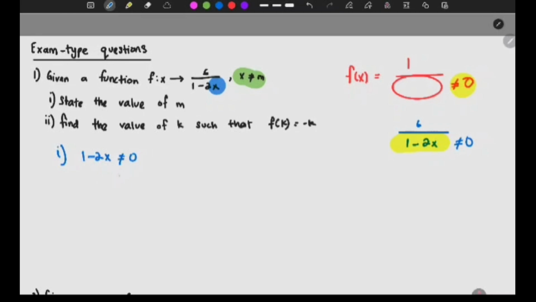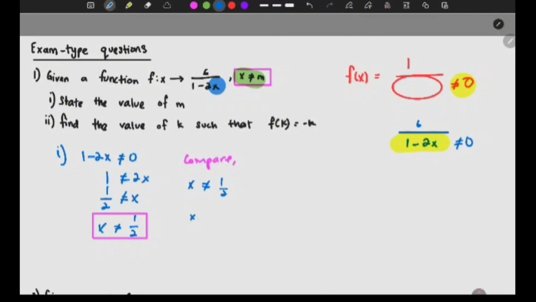And now you see the pattern that they give you. x is not equals to m, and what do you find? x is not equals to 1/2. Compare both of them. x is not equals to 1/2, and compare the question give you. So your x, same, not equal, same. That means your m have to be same as 1/2, isn't it? So your m is equals to 1/2.